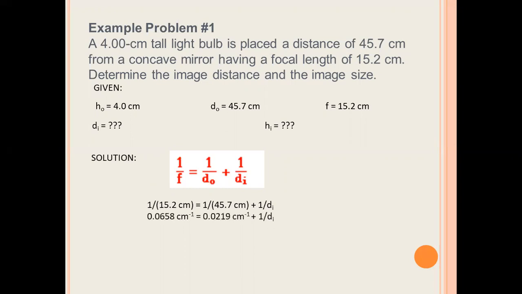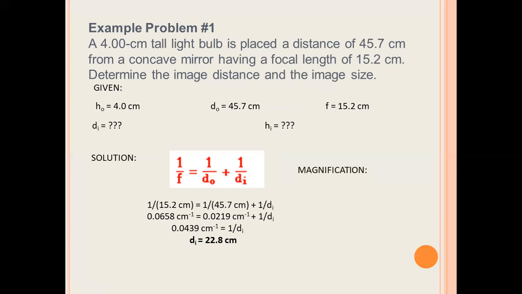If we further simplify the quantitative values, this gives us 0.0658 per centimeter equals 0.0219 per centimeter plus 1/di. If you further simplify the quantities, our image distance is equal to 22.8 centimeters.